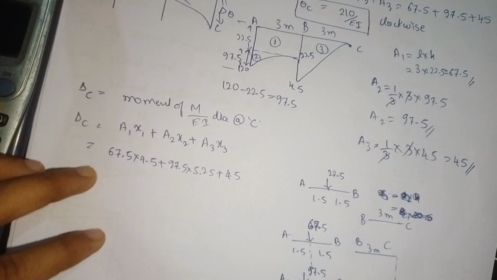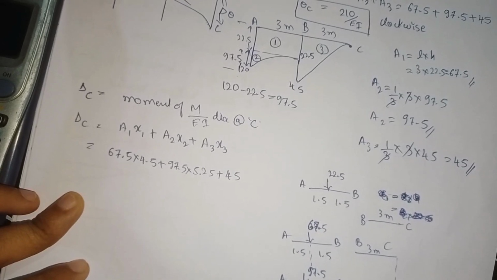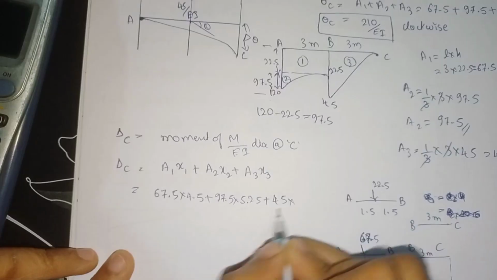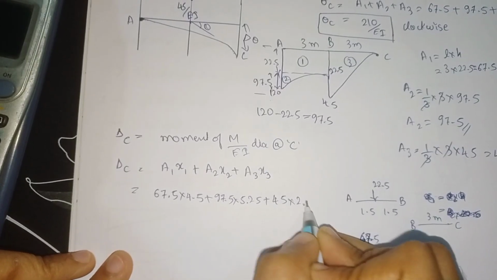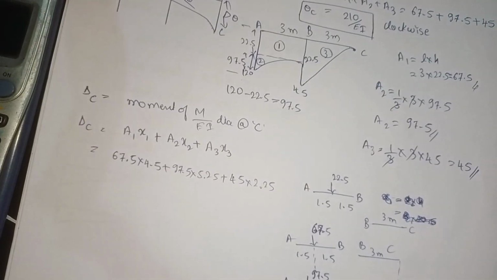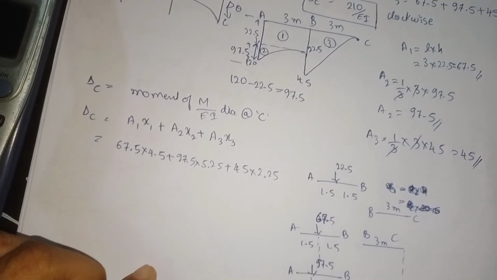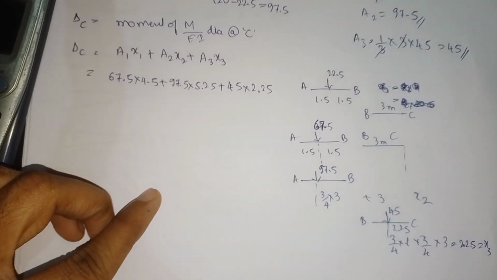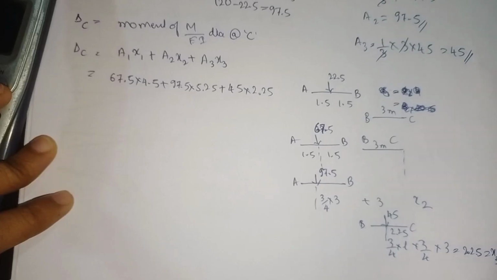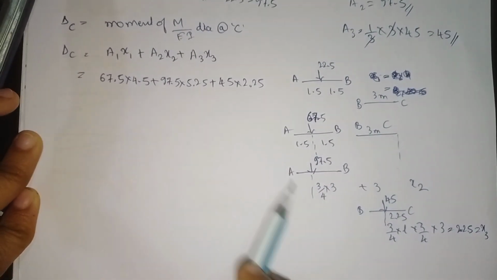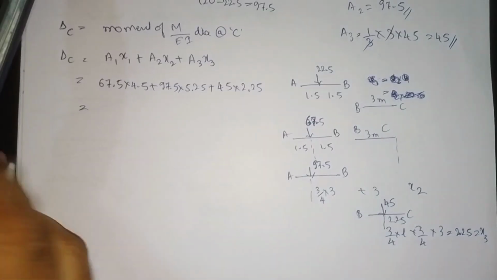So the distance x3 will be 2.25, from here to here. Now we have all the values, now solve it.